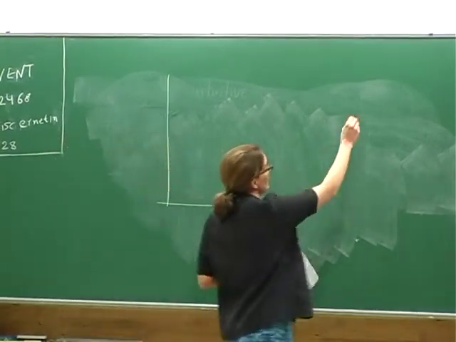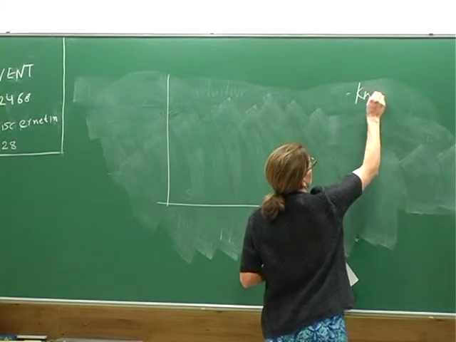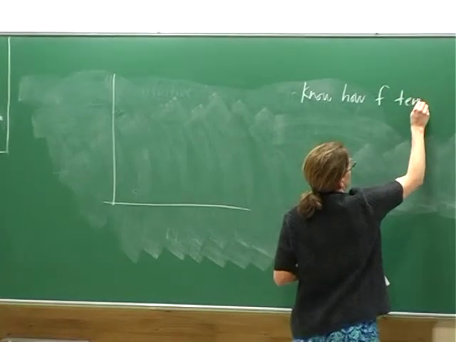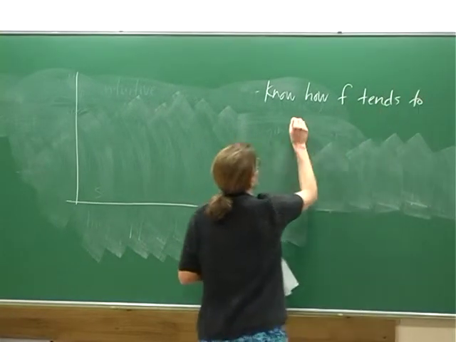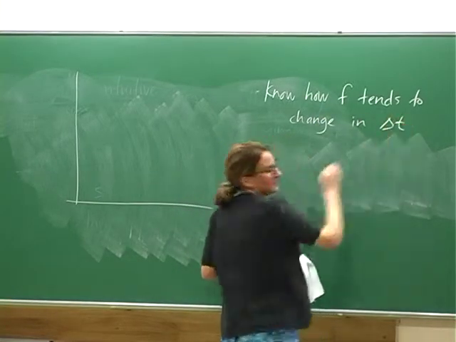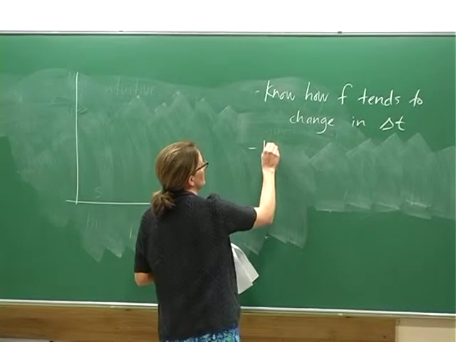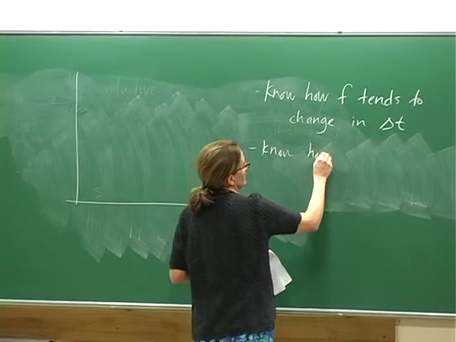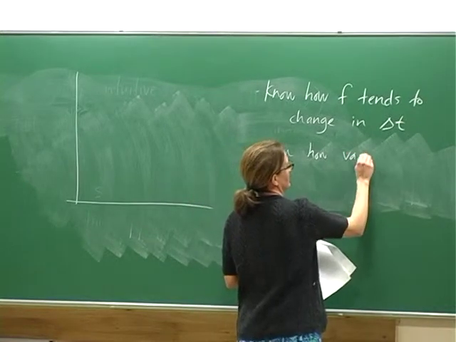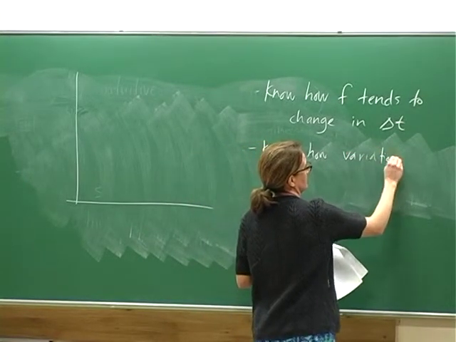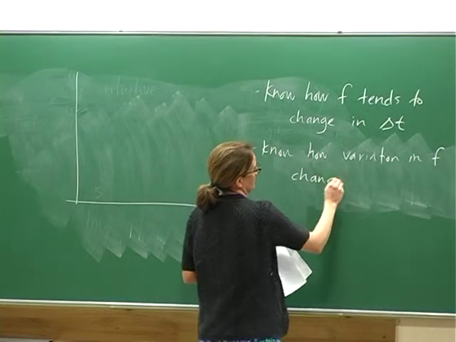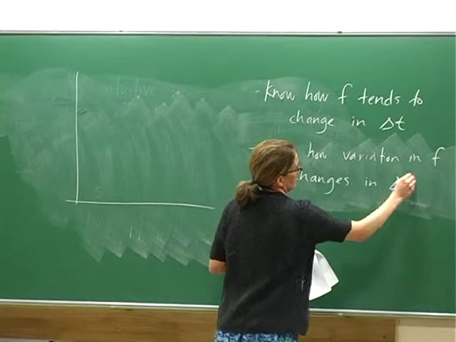So we know how f tends to change in some little interval of time. And we also know how the variation in f changes in delta t.